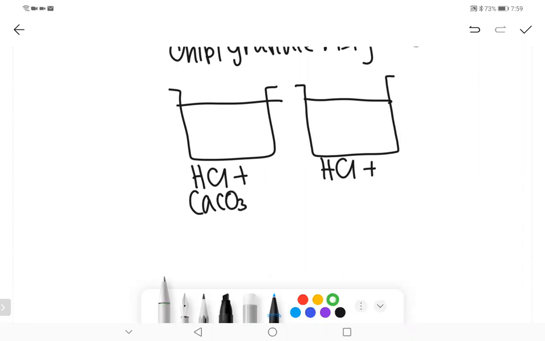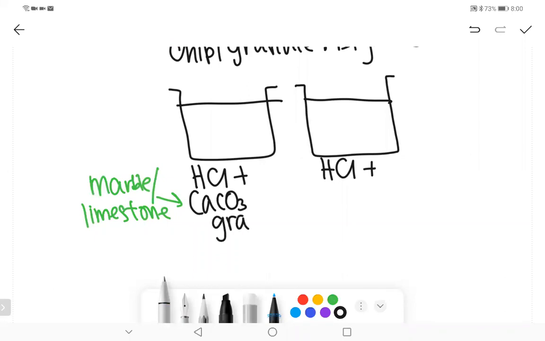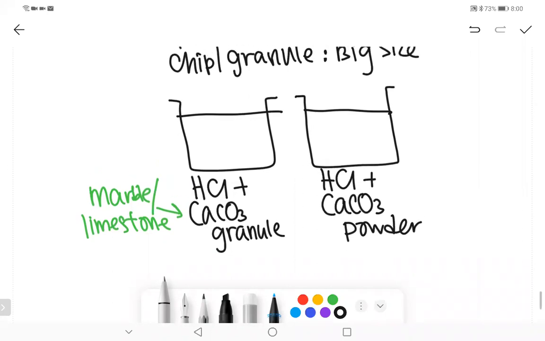Calcium carbonate can sometimes be called limestone, or marble. Hydrochloric acid plus calcium carbonate granules, meaning bigger pieces. Then another one, we have calcium carbonate powder. One uses granules, the bigger size. One uses powder, the smaller size.